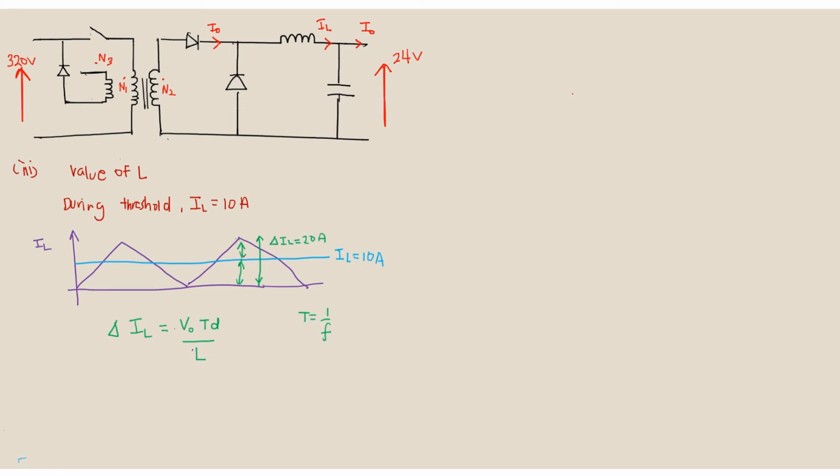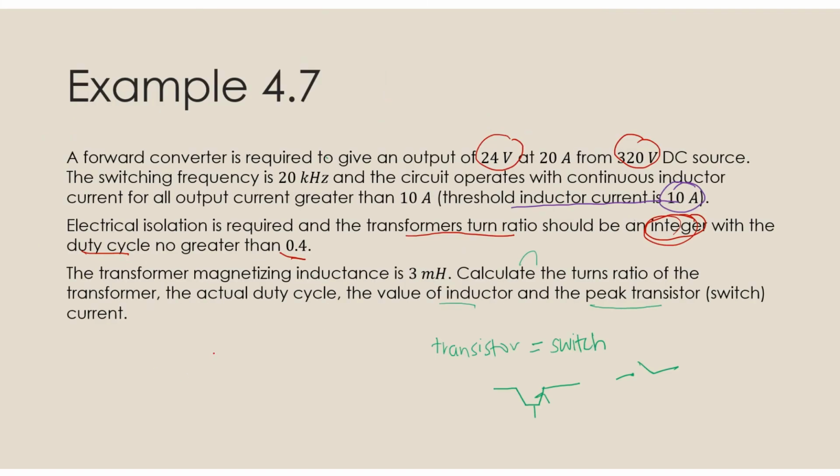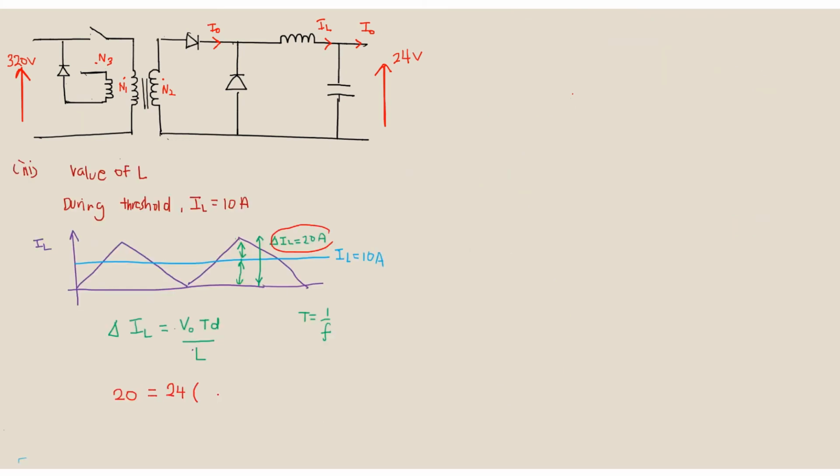You know your delta IL is 20, your V out is 24, and your frequency is given as 20 K, so that will be 1 over 20K.